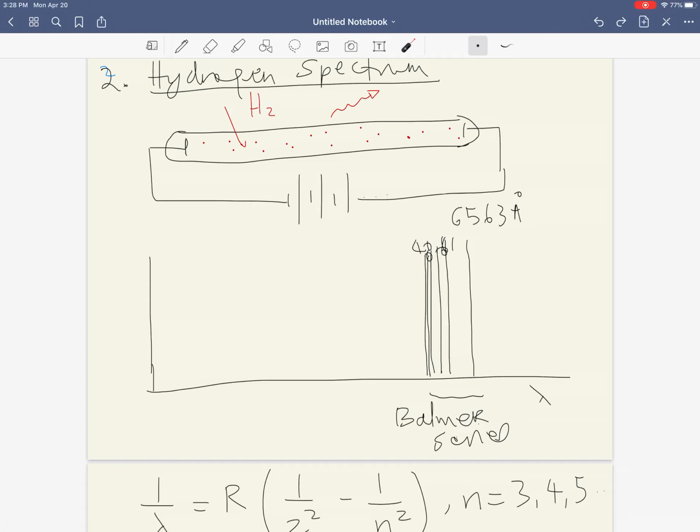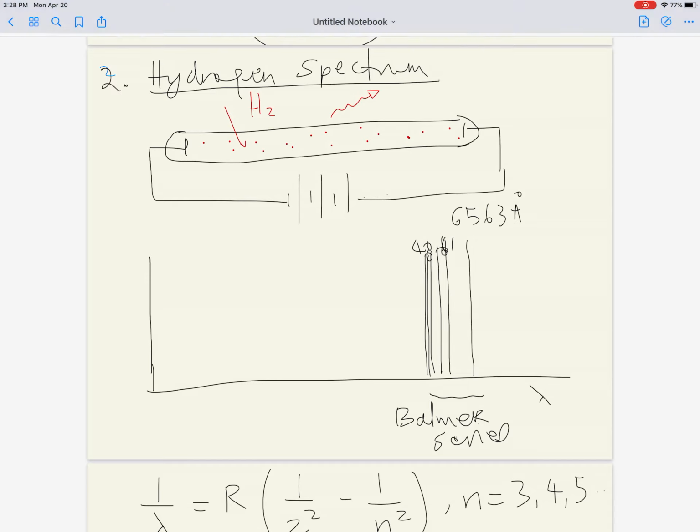When you put this radiation through a spectrometer, an instrument that splits up the observed radiation into specific wavelengths, in the visible portion of the spectrum you would see a few lines like 6563 angstroms. The next one is 4861. The next is 4341, and so on, and it goes on for some time. This set of visible spectral lines from hydrogen constitutes what's called the Balmer series of lines.